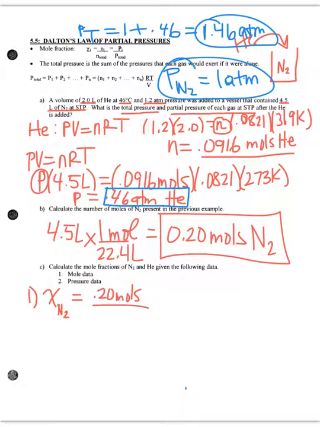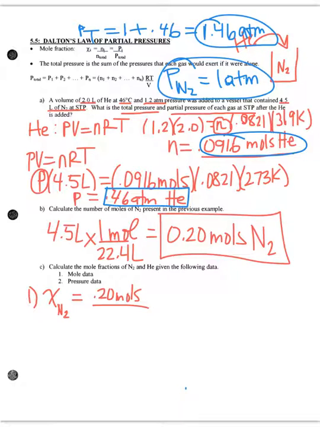So the whole is the nitrogen, the 0.2, plus the moles of helium. If you remember, we solved for the moles of helium up here. Let me circle it for you. Right here. All right, so then we're going to add those 2 together.